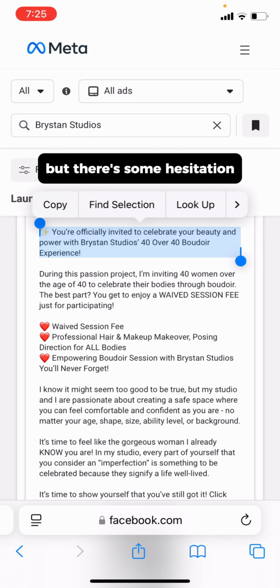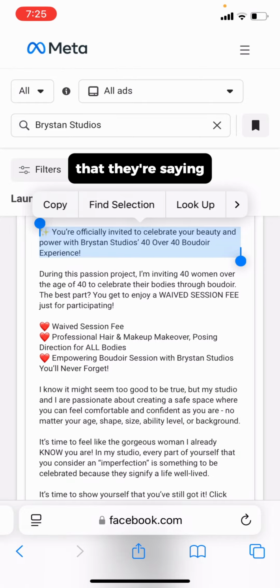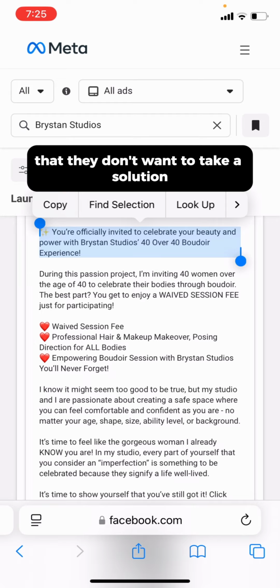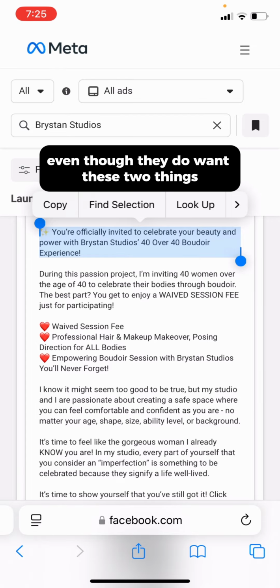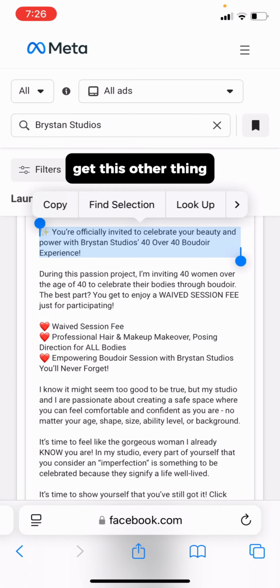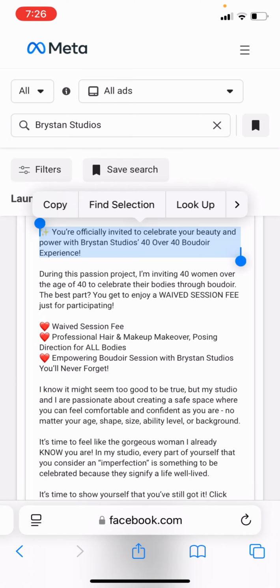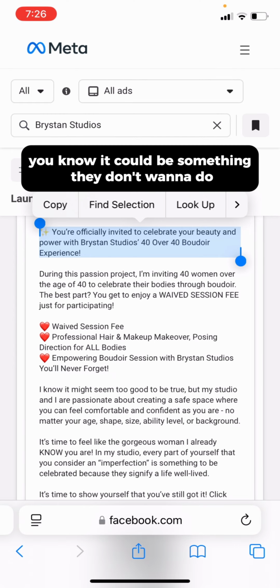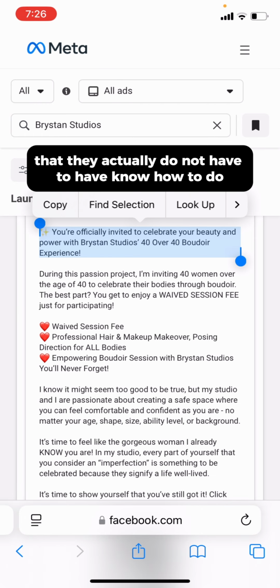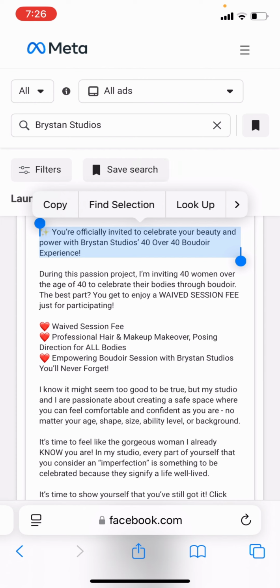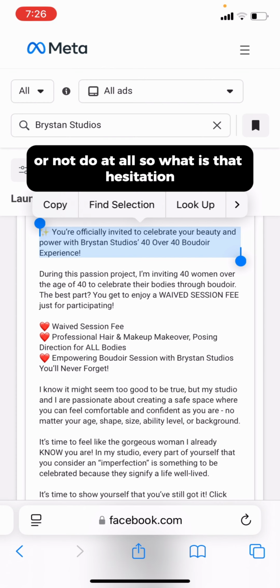But there's some hesitation or roadblock in the brain that they're saying that they don't want to take a solution to get across the river, even though they do want these two things: get away from this one thing, get this other thing. It could be something they don't want to do, or something they assume they have to have, do, or know that they actually do not have to know how to do, or know, or not do at all.